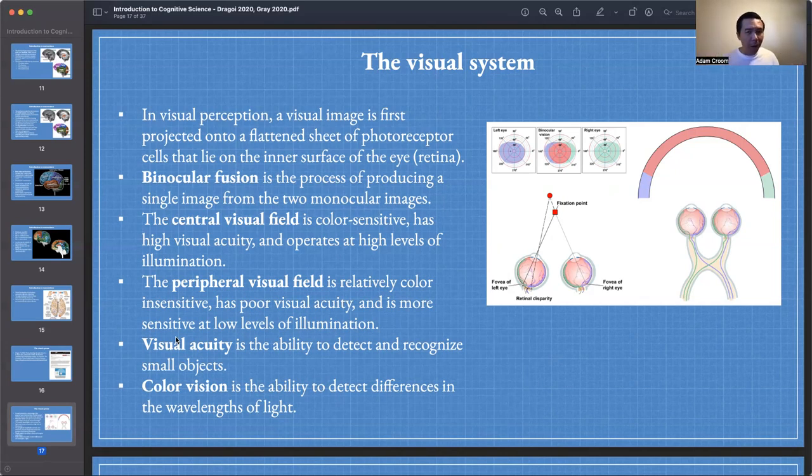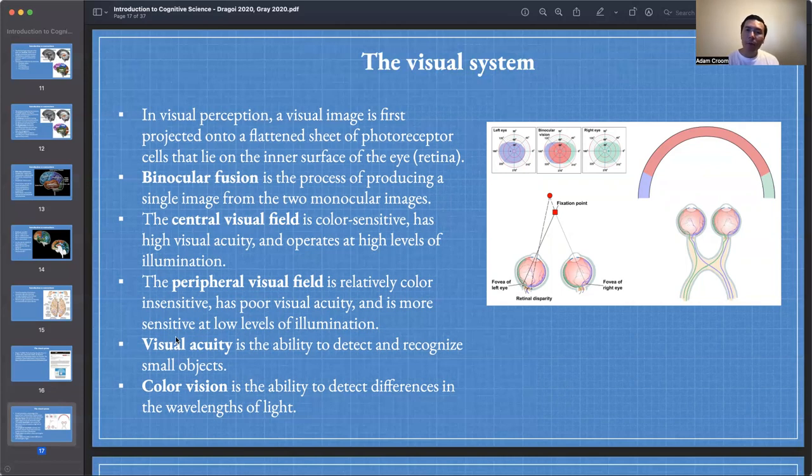If you're noticing across the different studies, a lot of our experience of the world is impoverished. Our linguistic experience is impoverished. Our visual information in some sense is too. But we are able to systematize and form a coherent experience of the world, which is really interesting and amazing. And binocular fusion is just this process of forming a single image from two monocular images.